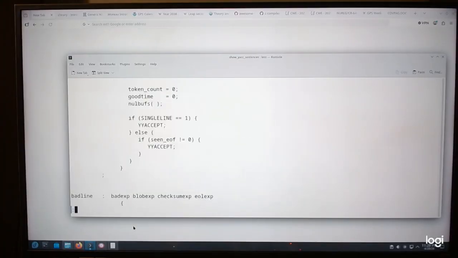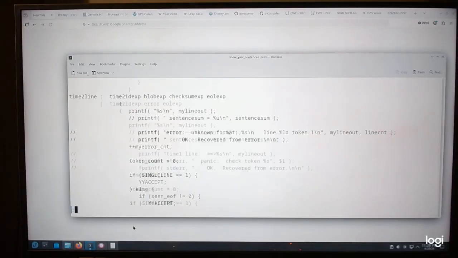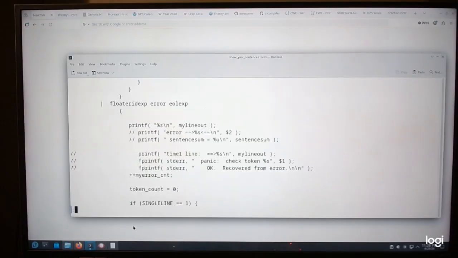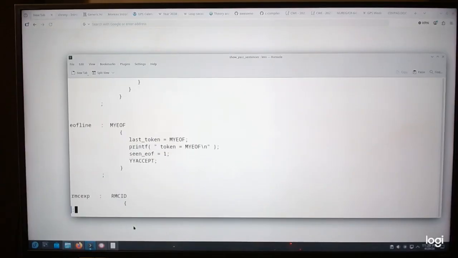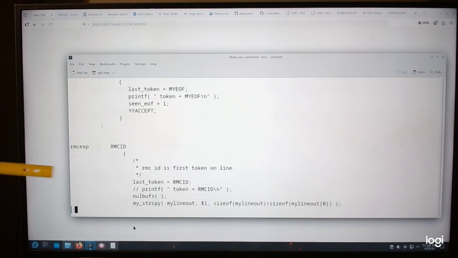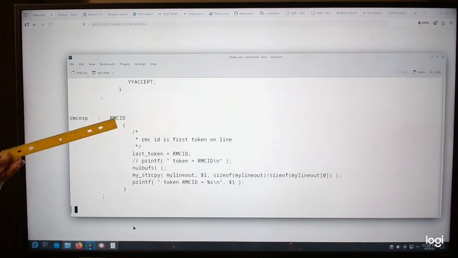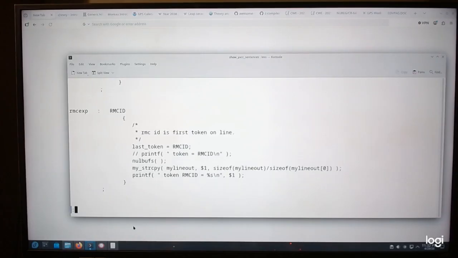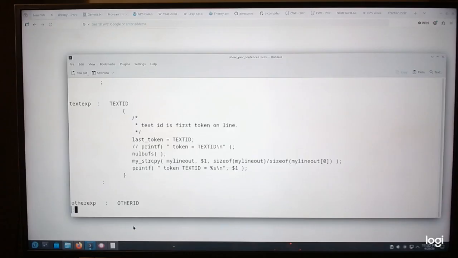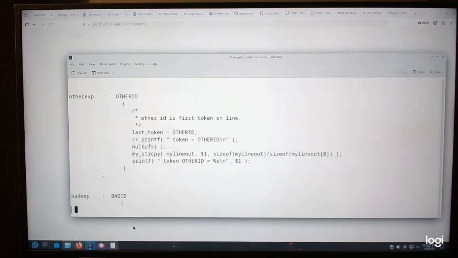Those expressions, let me get down one more right here. Yes, these are all sentences. That RMC expression just recognizes a token. And a text expression is just the text.